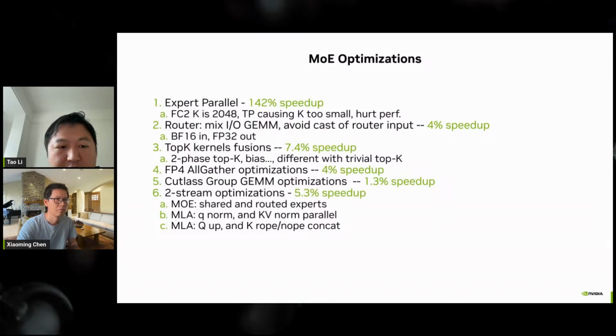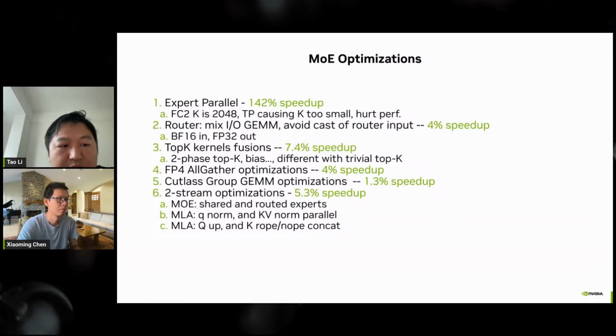The second one is the router GEMM optimization. We are trying to leverage the mixed IO GEMMs provided by cuBLAS and avoid the cast from FP16 to FP32 in the router input.